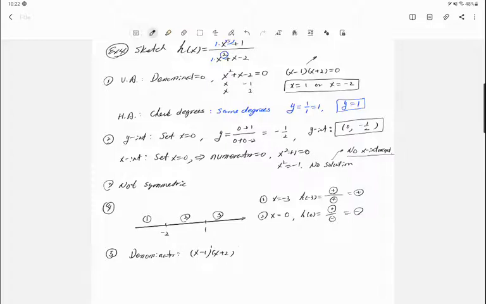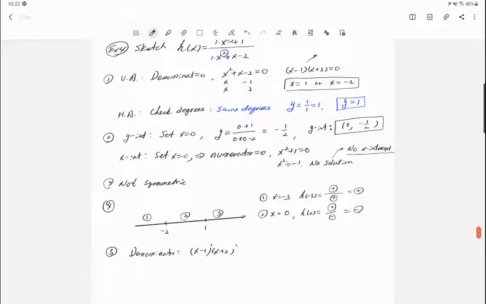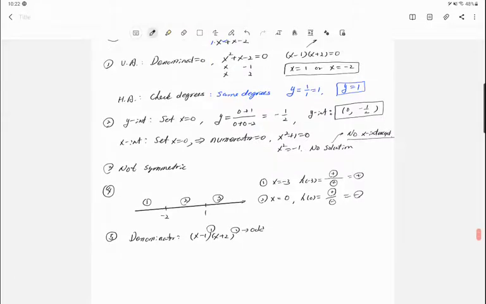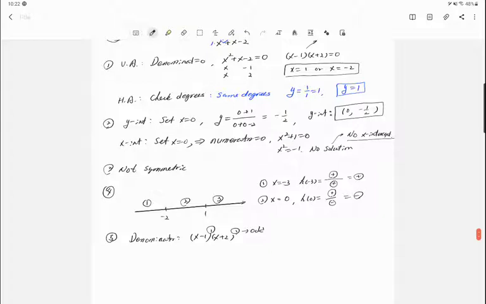Both exponents are odd, so the graph should be on different sides of the horizontal: for the vertical asymptotes 1 and negative 2, one branch is up and one is below. Let's keep that in mind.